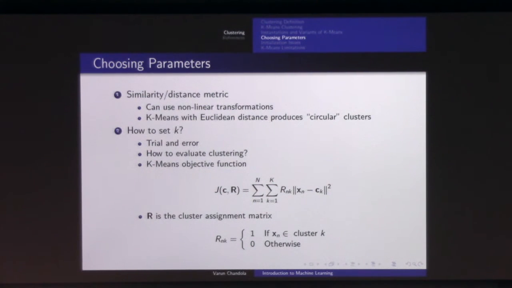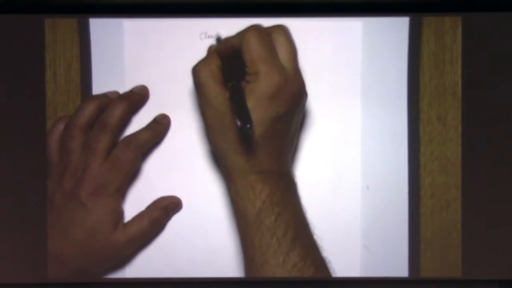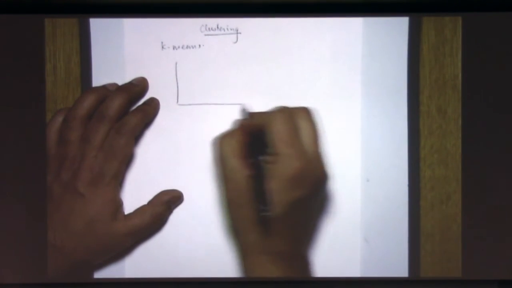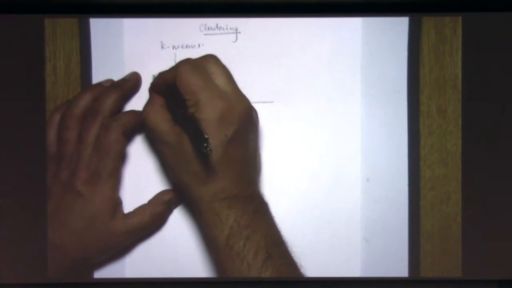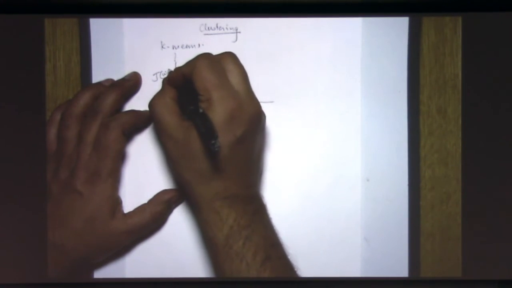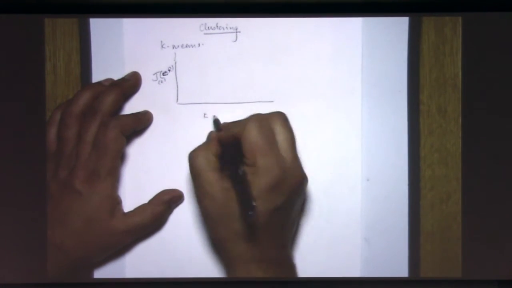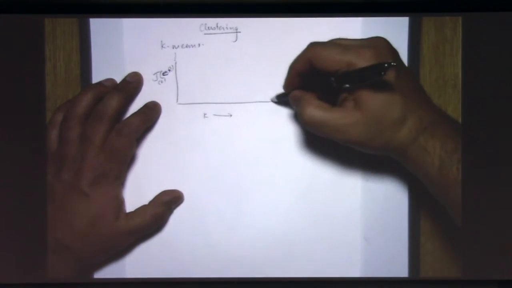So, as I said, you compute this J, which is a function of C and R, but it depends on K. What will happen is that at some point this will be 0.